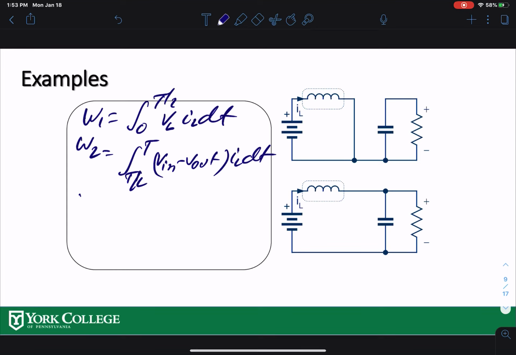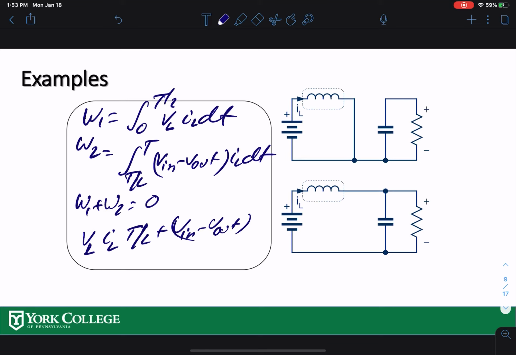If I add them together, W1 plus W2 equals 0. Finishing the integration, V in IL T over 2 plus V in minus V out IL T over 2 should be equal to 0.